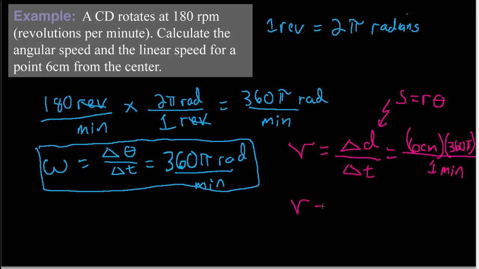So linear speed is 6 times 360, 2160 pi per 1 minute, and units, even though 360 pi was measured in radians, we only keep the centimeters. If I were to convert that into a decimal, it's going to be roughly 6,785 centimeters per minute.